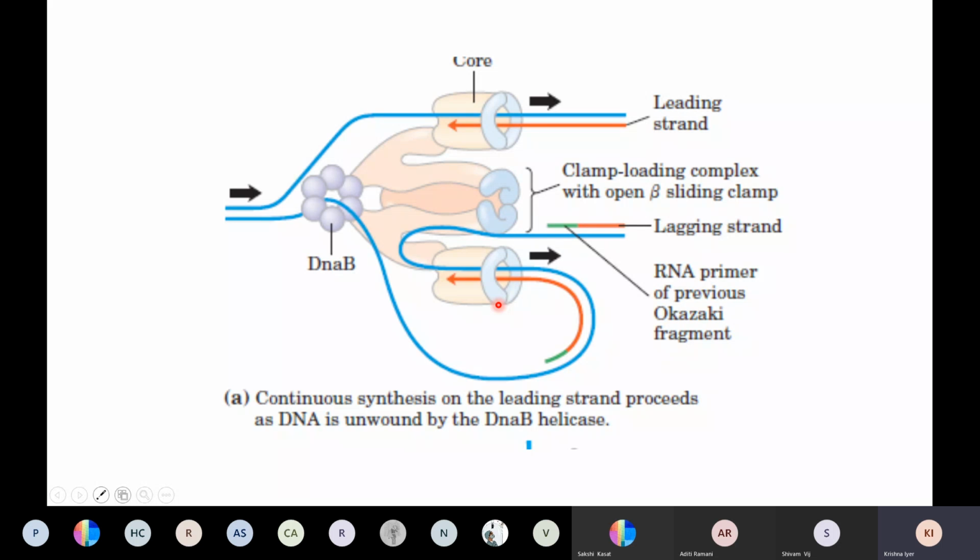Okay. Now think of the rate. Now this can add at 1000 per second. This can also add at 1000 per second. So in the replication fork in this direction, I'm adding 2000 per second. Similarly, if I'm going in the other direction, I'm also adding another 2000 per second. So totally the rate of addition is 4000 nucleotides per second, which is 40,000 per 10 seconds, which is how many per minute?